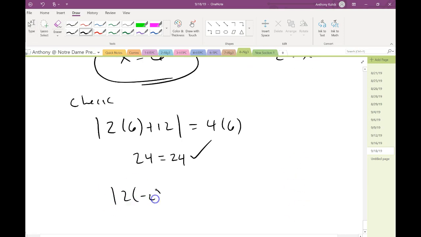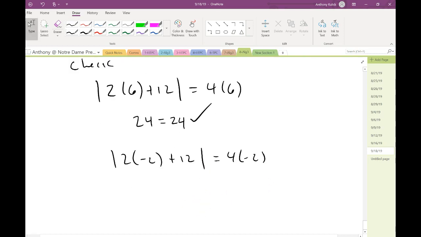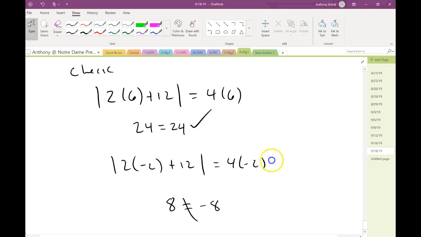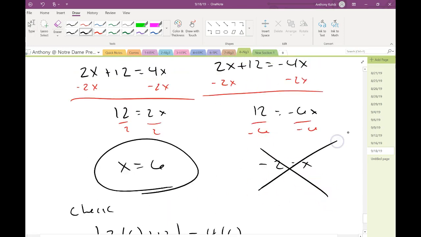If I try the negative 2 now, 2 times negative 2 is negative 4. Negative 4 plus 12 is 8. The absolute value of 8 is 8. 4 times negative 2 is negative 8. Those are not the same. So this one fails to work, and I end up with just one answer.